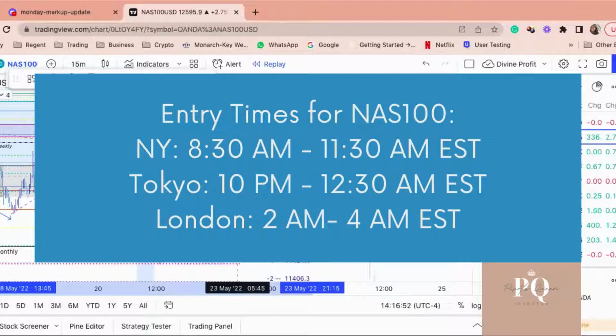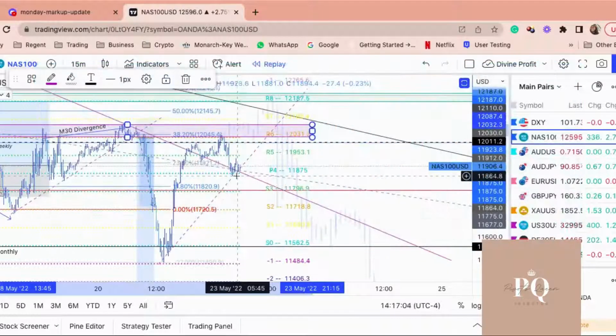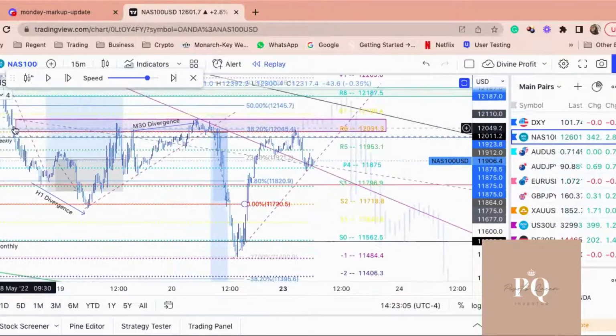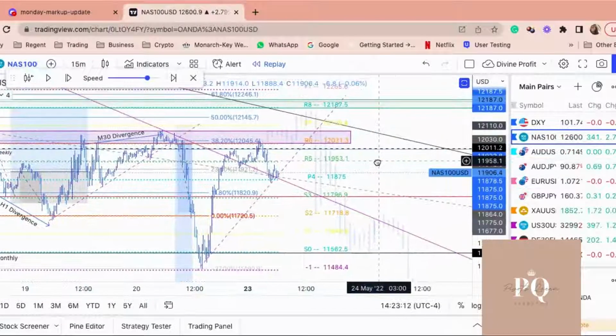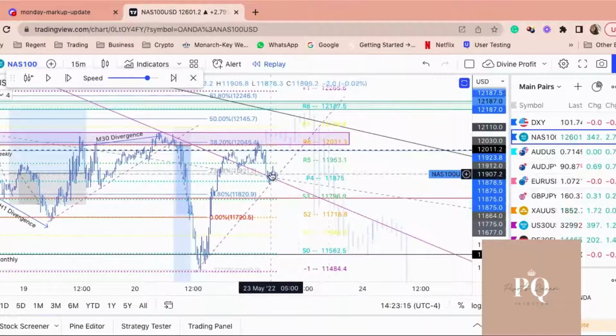Opening bell happens at 9:30 every day, so I want to be in before opening bell. Sometimes I enter after. Sometimes I enter way after, like 11 or 12. So it really depends, but I'm going to show you what I'm looking for to enter. I drew this minor zone just because price has been here like 3 times. So we'll see what price does from there.